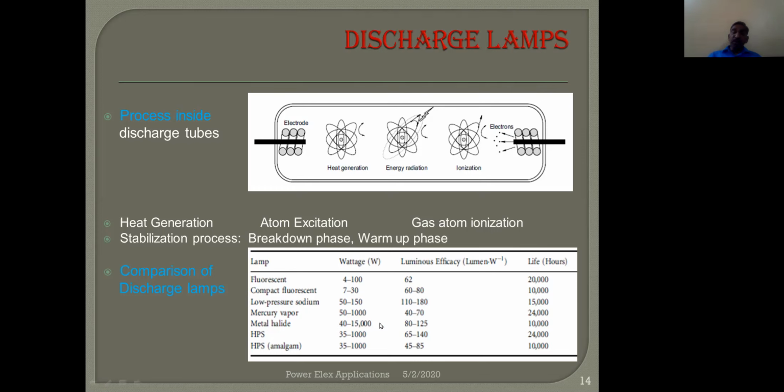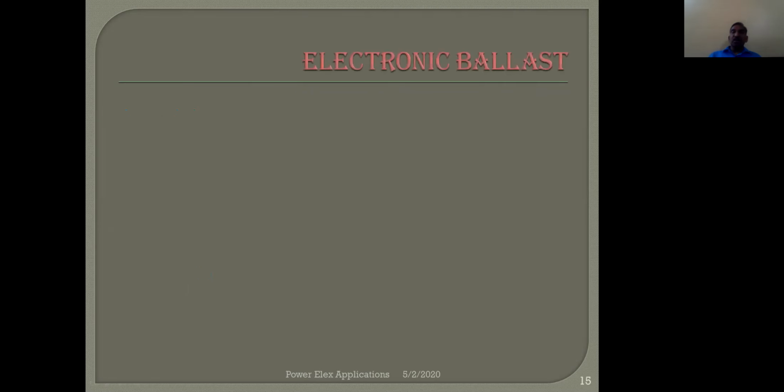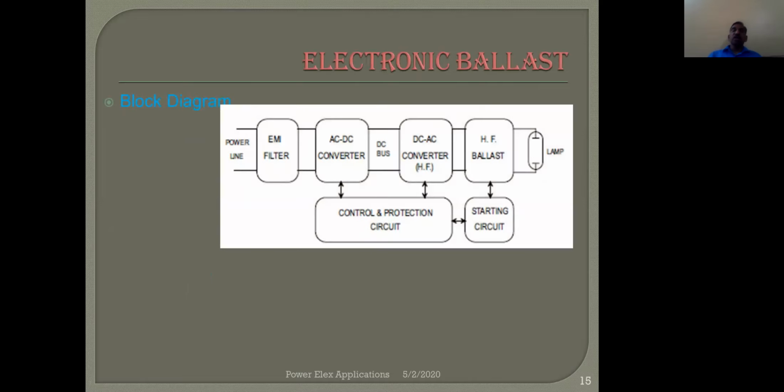Halogens are available up to 50,000 watt, generally used in big grounds or where functions or some big audience is expected. Luminous efficacy is 80 to 120, but life is not that. And HPS amalgam lamps are again low on efficacy and low on life also, but available in higher wattages up to 1 kilowatt. Then these discharge lamps are glowing with the help of ballast.